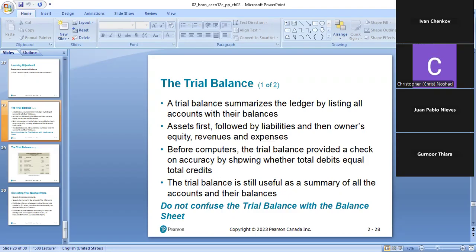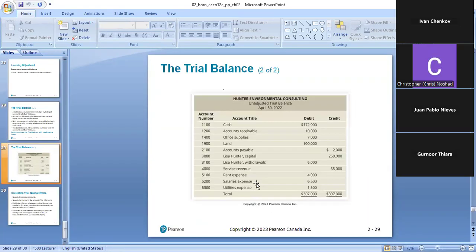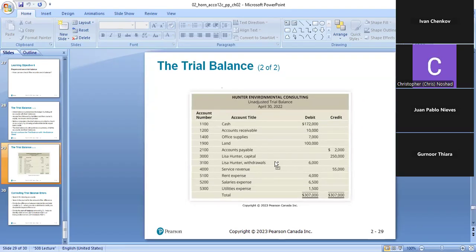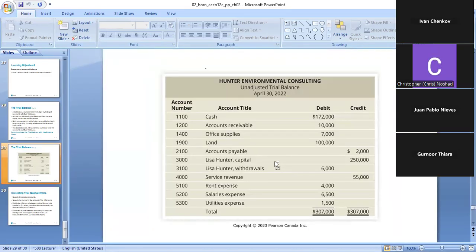But at that time, people were doing trial balances on paper. A trial balance is a useful summary of all the accounts in one place. It shows you everything that you have on one single sheet: how much cash, how much you have to receive from customers who haven't paid you, how much in supplies you have, what land you purchased, how much you have to pay in outstanding liabilities.